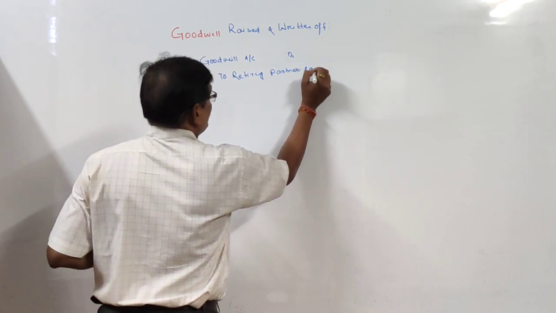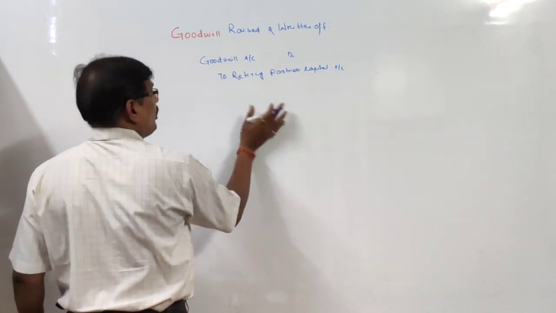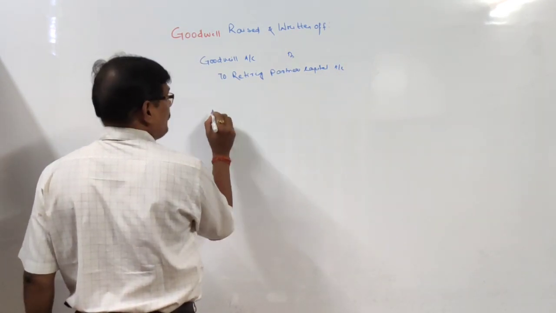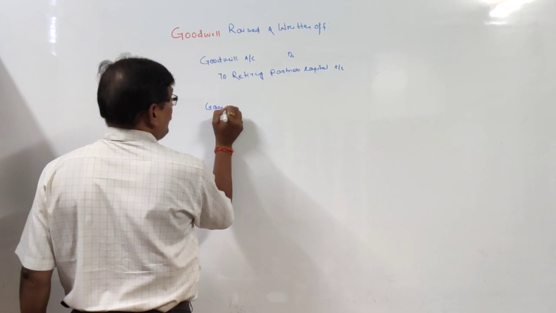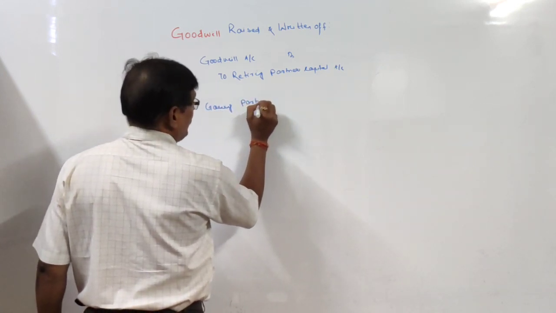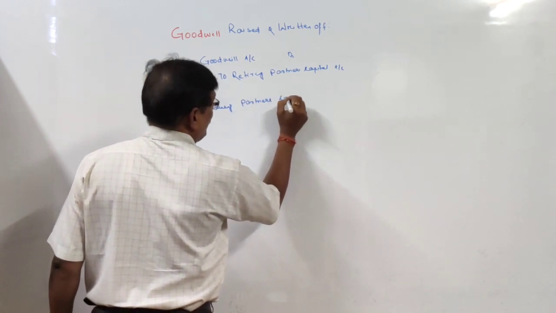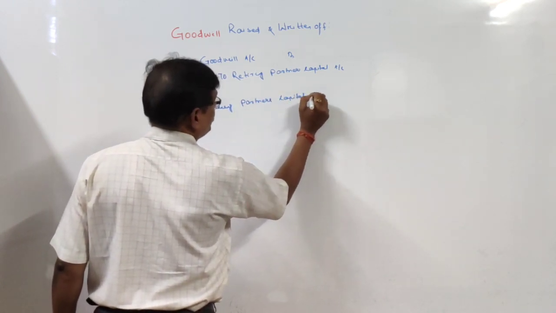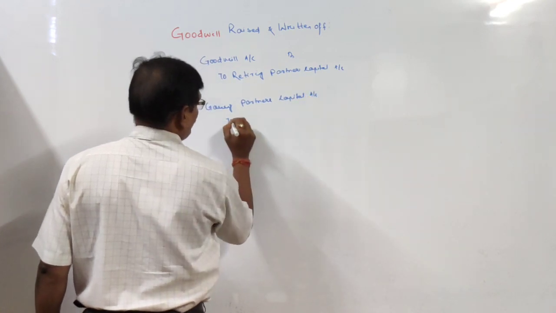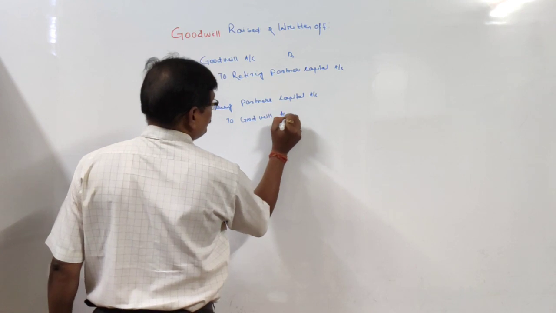Then to write it off, gaining partners capital account debited to goodwill account in the gaining ratio. We will explain it with the help of a question.